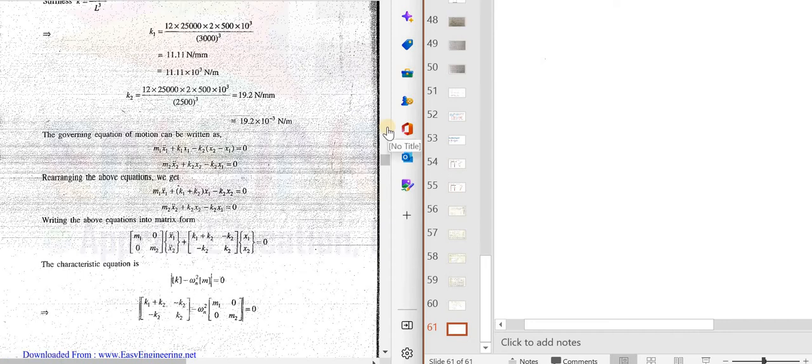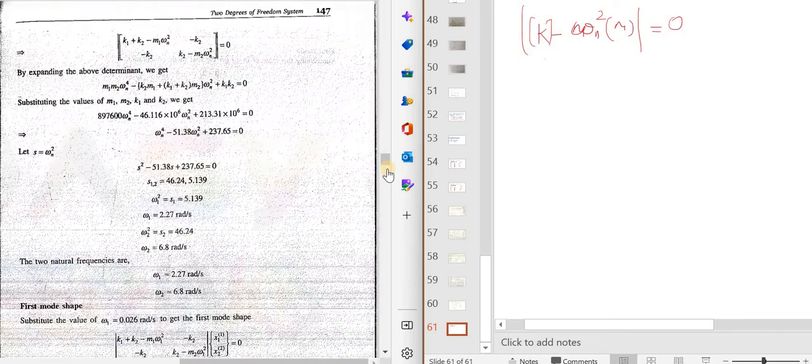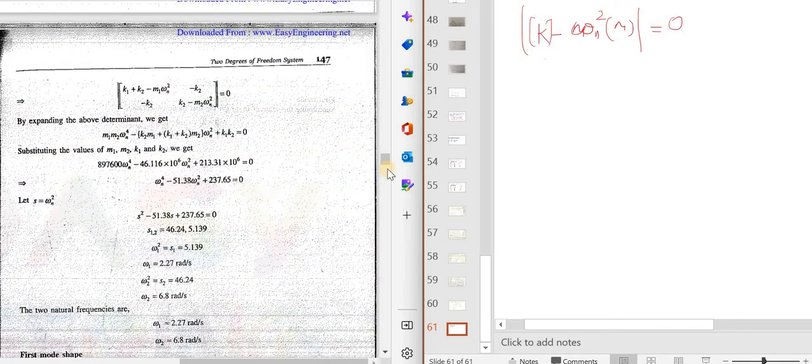So here this is my characteristic equation. You can directly write that also: the determinant of K matrix minus omega n square into M matrix is equal to 0. So I know what K is: K1 plus K2, minus K2, minus K2, K2, and M is M1, 0, 0, M2. Now you can see I am having all the values. By expanding I will get this equation, or instead of expanding you can substitute the values.